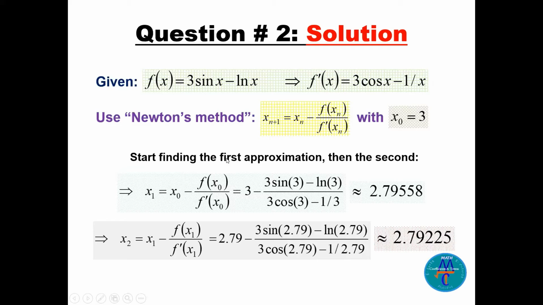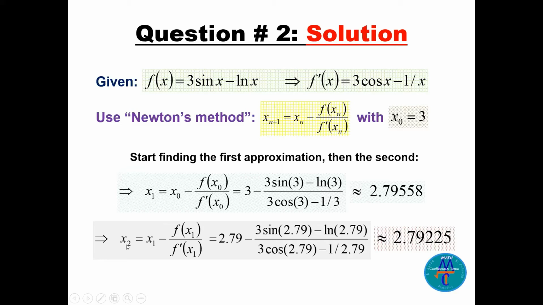X sub 0 is 3 given. Put the Newton's method. Let's find the first approximation, then the second approximation. So x1 will be x sub 0 minus f of x sub 0 divided by f prime of x sub 0. Just put 3 there in every x, up in the function, down in the derivative. You need a calculator for sure here. It will be 2.79558.